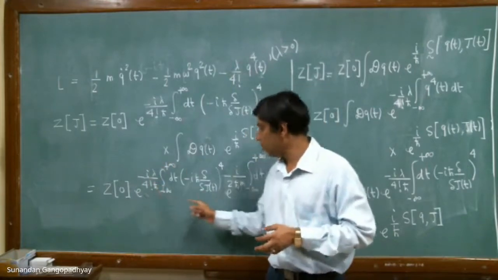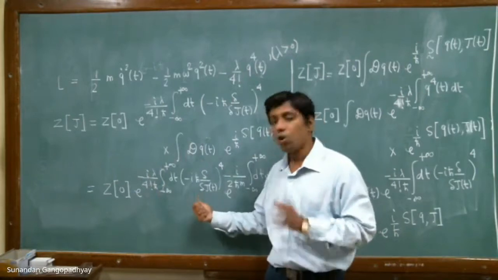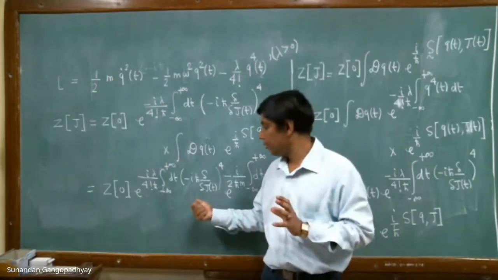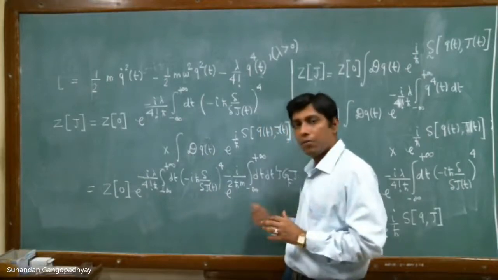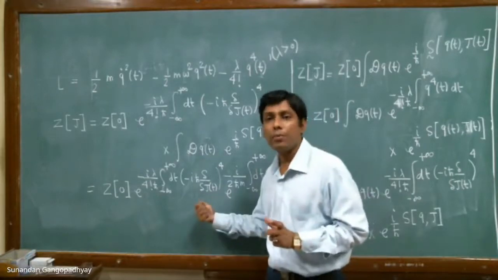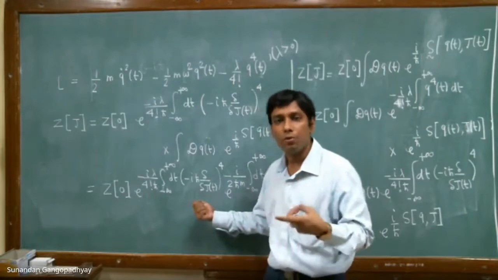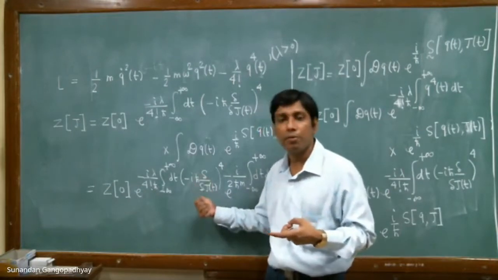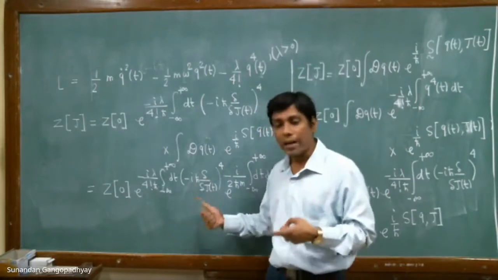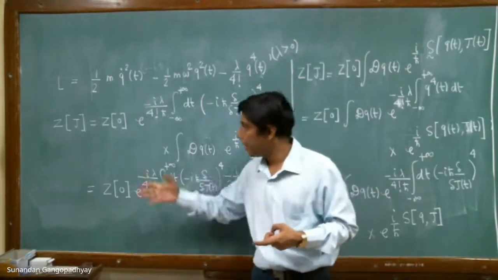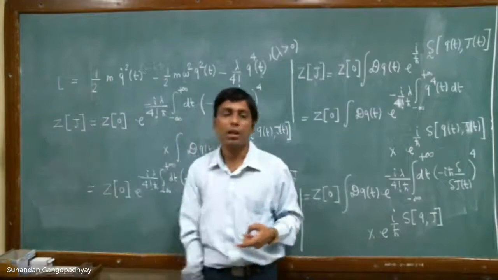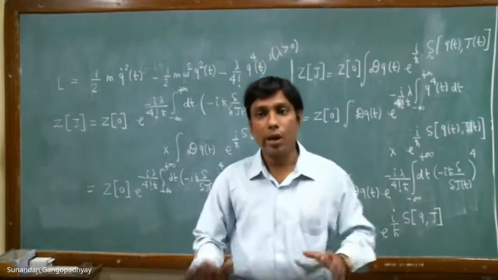In order to compute that correction, you have to calculate the functional derivative of this object 4 times, because this is a functional derivative of 4th order. So you have to carry out the functional differentiation 4 times. Then only you will get the generating functional in the presence of the source up to order lambda.